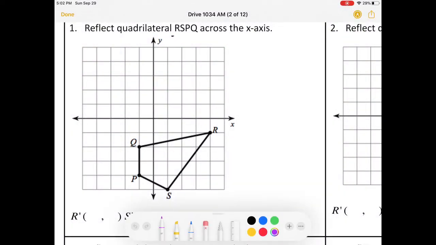Okay, so starting on example 1 here, so it says reflect quadrilateral RSPQ across the x-axis. All right, so the very first thing you want to do is write your original coordinates, okay? So I'm going to write those over on the side here. So R is currently 1, negative 1.